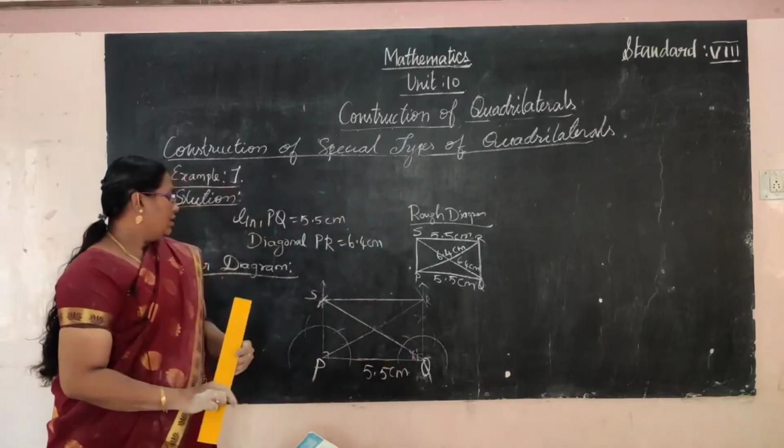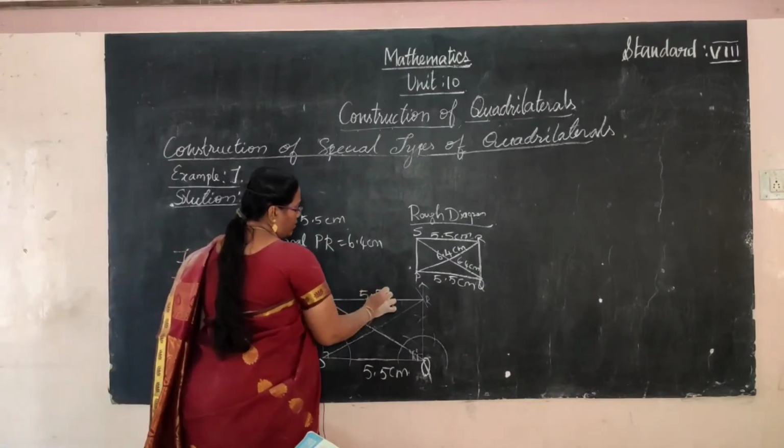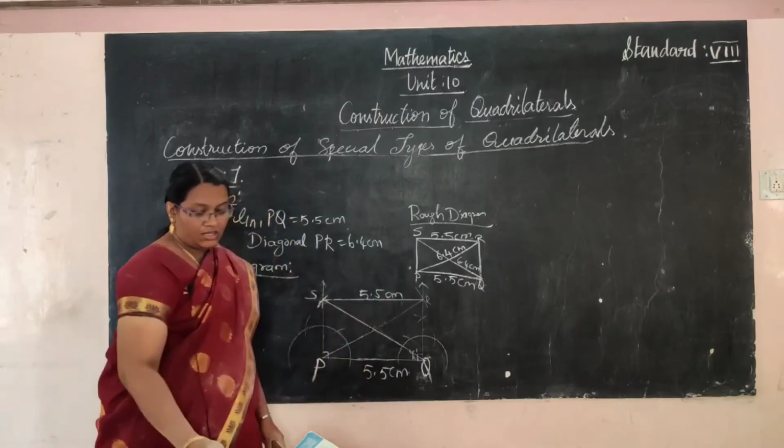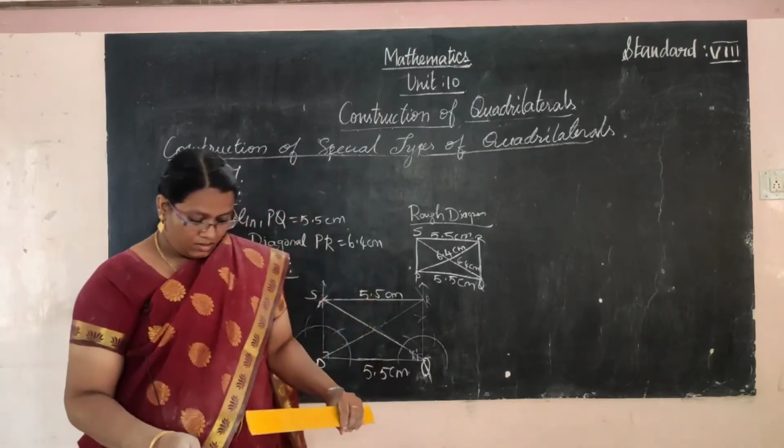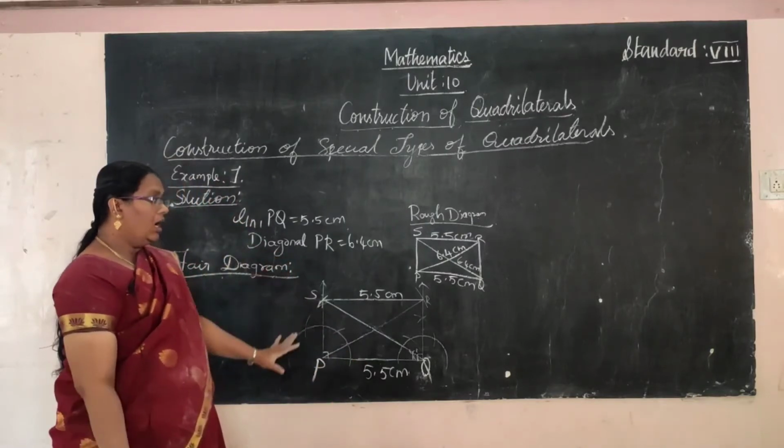Now the measurement of opposite values is also 5.5 centimeter. Now we get the rectangle.